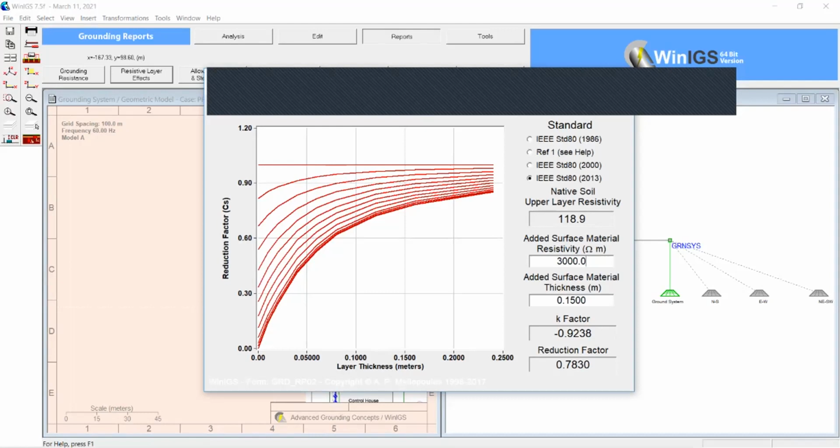It could be asphalt or crushed rock. So this is the resistivity of the added surface material, which is crushed rock. It should be 3000. Everyone change it into 3000, and the thickness should be around 6 inch or 15 centimeter. So crushed rock thickness should be 15 centimeter. These two numbers you have to change.